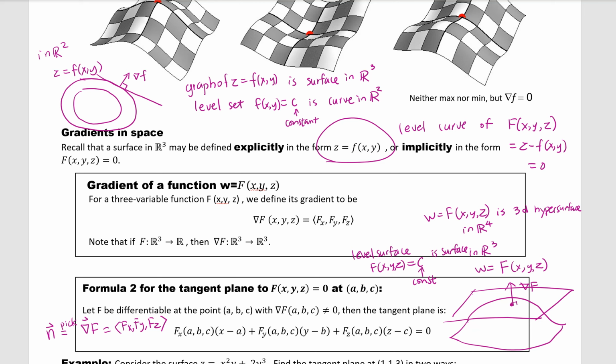I really hope you think through it and try to understand it. We have a lot of dimensions. If the surface has dimension n, then the level curve, level set, or level surface has one less dimension than the surface itself.